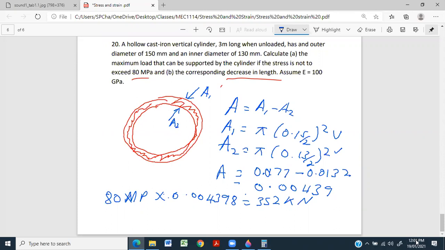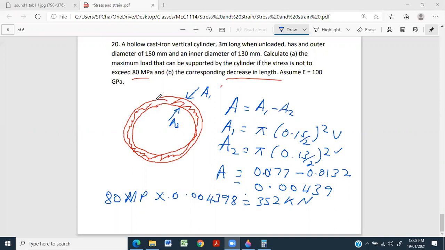You have to multiply pi by the diameter separately, and then subtract, by the two diameters.